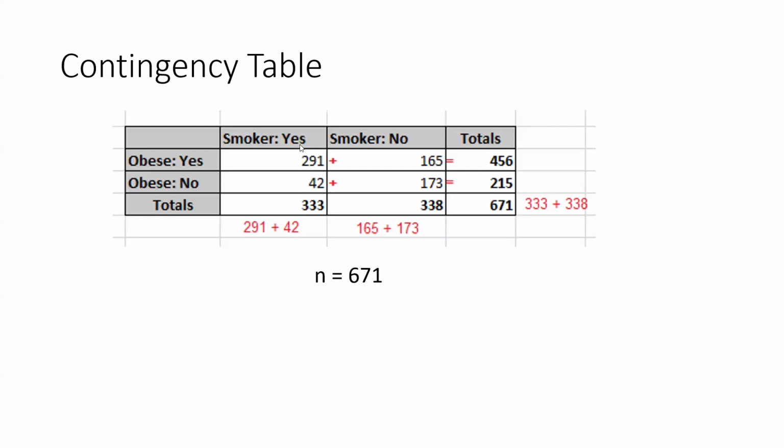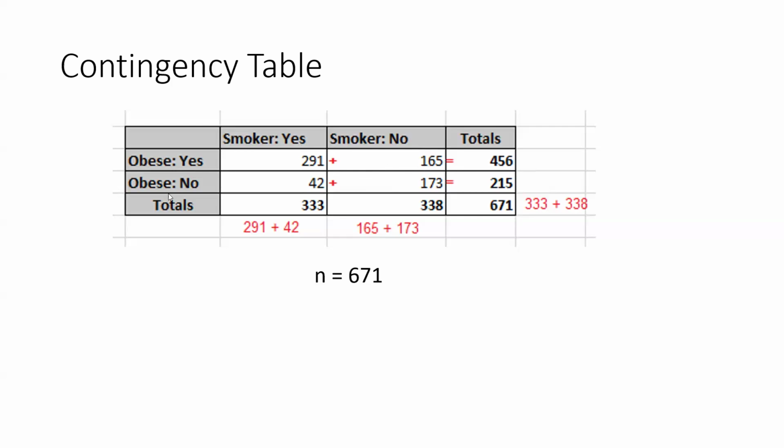So 291 smokers who are obese, 165 non-smokers who are obese. We sum across this row, and we come to 456 individuals. So 456 individuals were obese, whether they smoked or not.